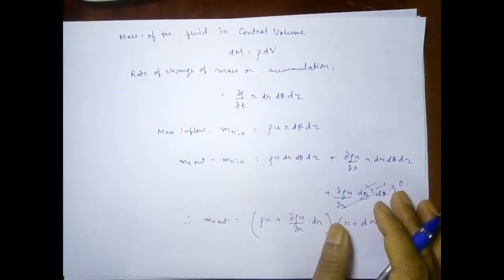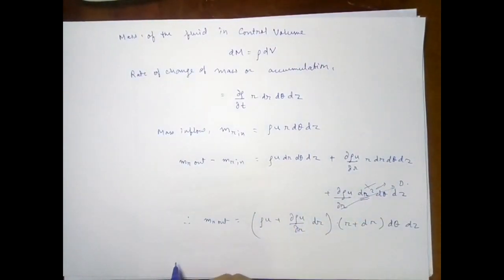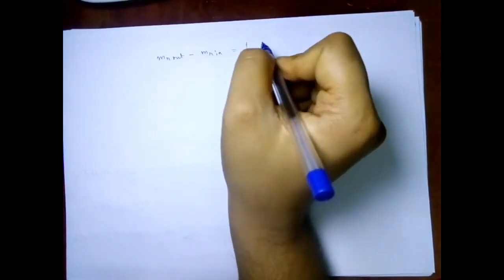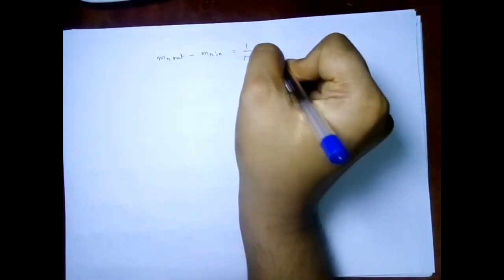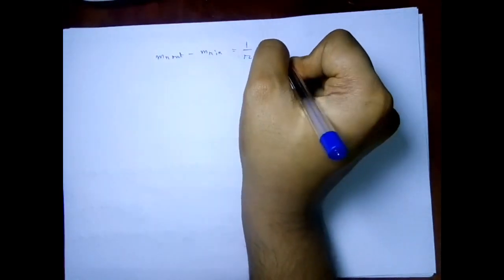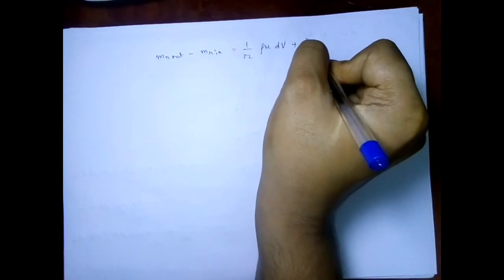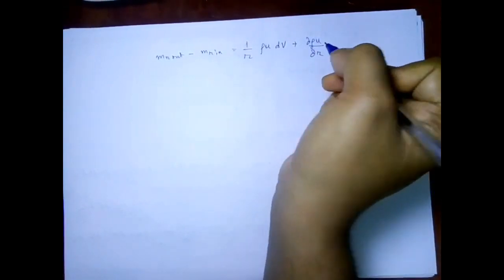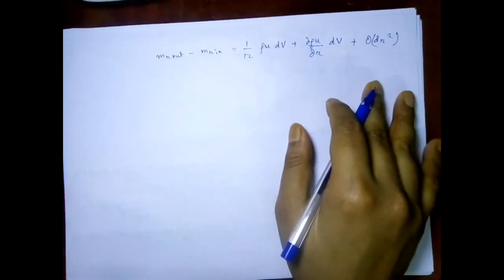So therefore finally mr out minus mr in will be equal to 1 upon r rho u dv plus del rho u upon del r dv plus, suppose this is O of dr square, as a function of dr square I am just keeping it like this.